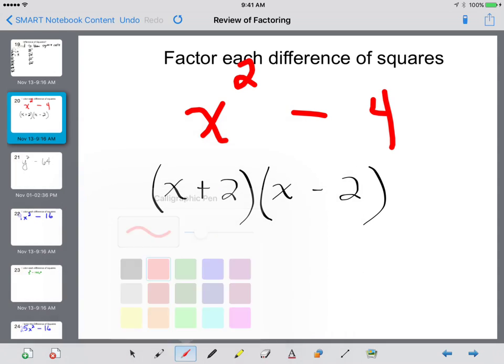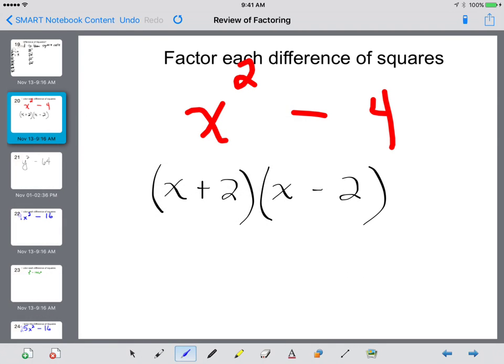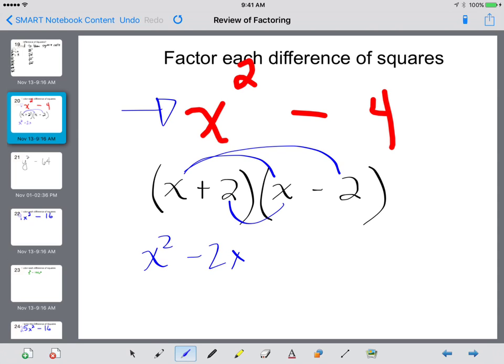Now think about it this way. I'm going to FOIL this and show you how this works. So if we double check our answer to see if we can get back to x squared minus 4. If we FOIL this, we'd have x times x, which is x squared, x times negative 2, which is minus 2x, 2 times x, which is positive 2x, and 2 times negative 2, which is minus 4.